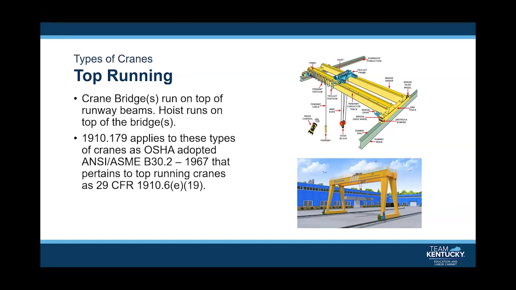They can be cab operated, pendant operated, or remote operated. The two examples pictured are a top running double girder bridge crane and a top running double girder gantry crane. They are typically used in industries that require cranes of high capacities, usually over 10 tons.